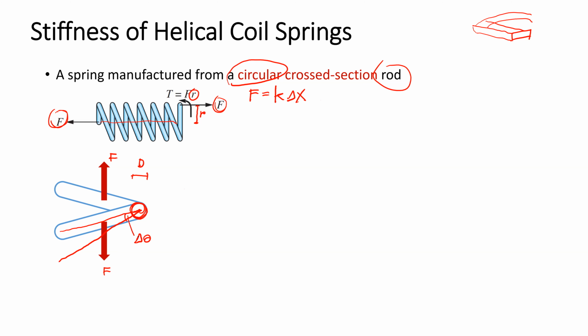If we pull the spring coil with the force F, and the force F acts at a distance r, the coil radius, from the center line, we are going to generate shear deformation from the center of the rod.